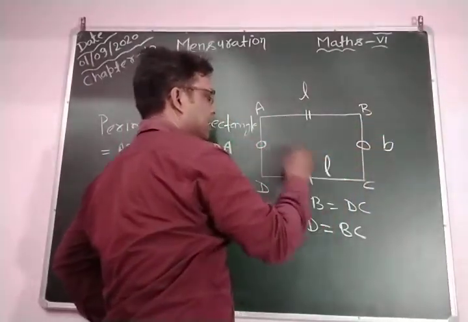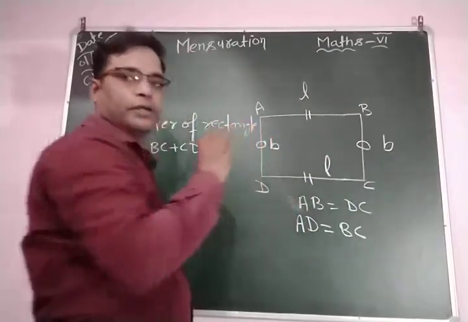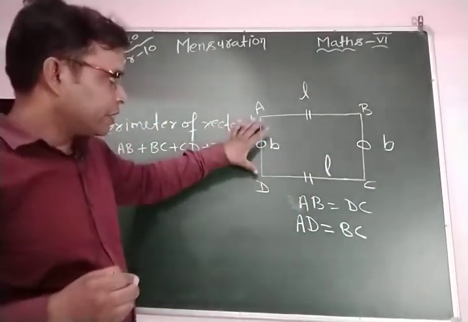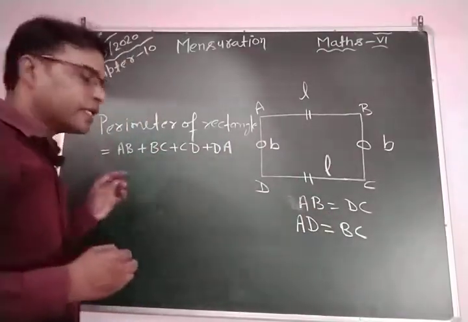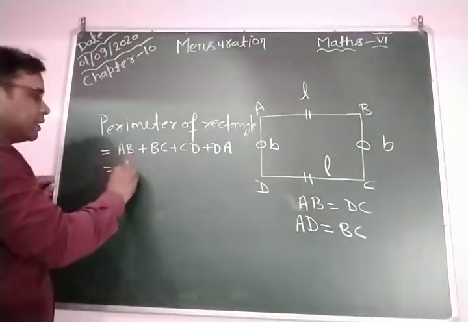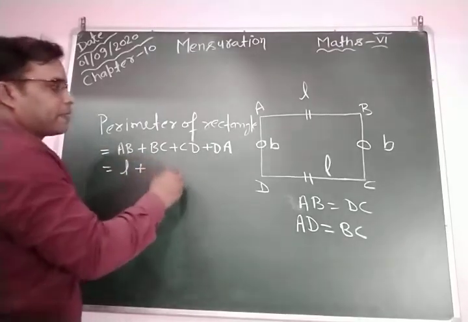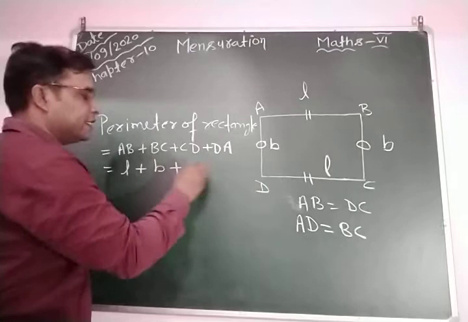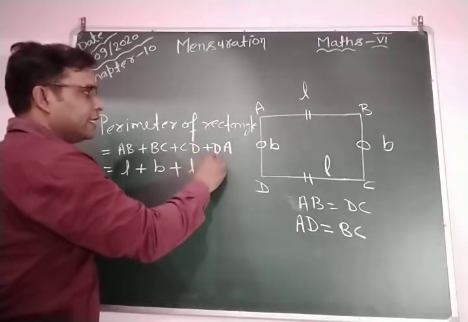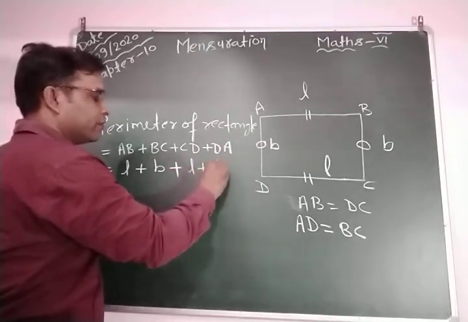In place of AB, you can write L. In place of BC, we can write B. CD or DC is the length, and AD is equal to breadth.